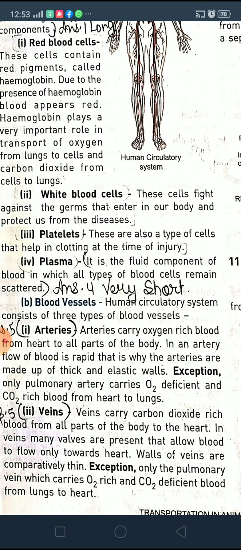Arteries are thick, and vein walls are a little bit thin compared to arteries, because here blood is collected from different parts of the body and given to the heart for purification.